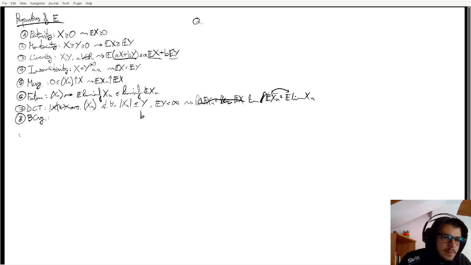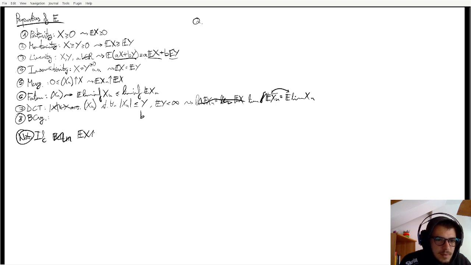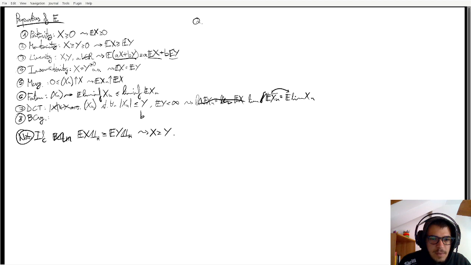In this remark we have the following: if the expectation of x times the indicator of h, so the expectation of x restricted on the set h, is greater than the expectation of y restricted on the same set, then we have that x is simply greater than y almost surely.